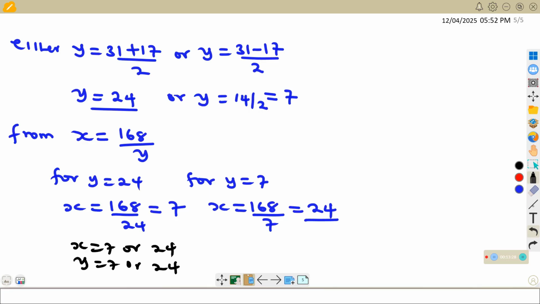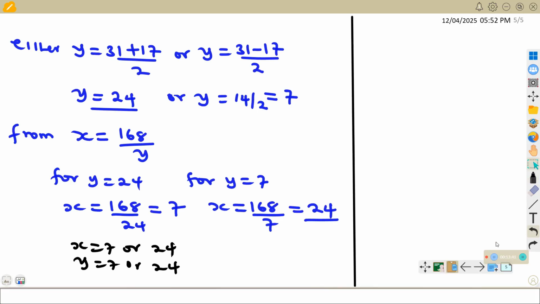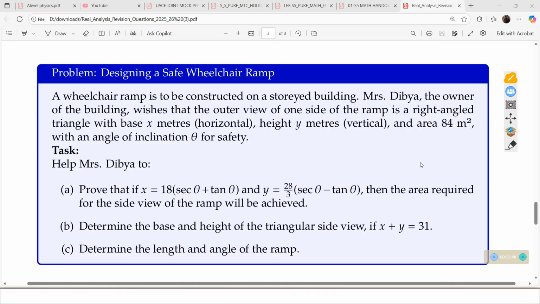So we need to choose the values of x which will help us in making the ramp. If we are interested in the values of x and y which will help us in making this view, that is the outer view of one side of the ramp, to be the right angled triangle, then we must choose the one that will give us a better inclination.